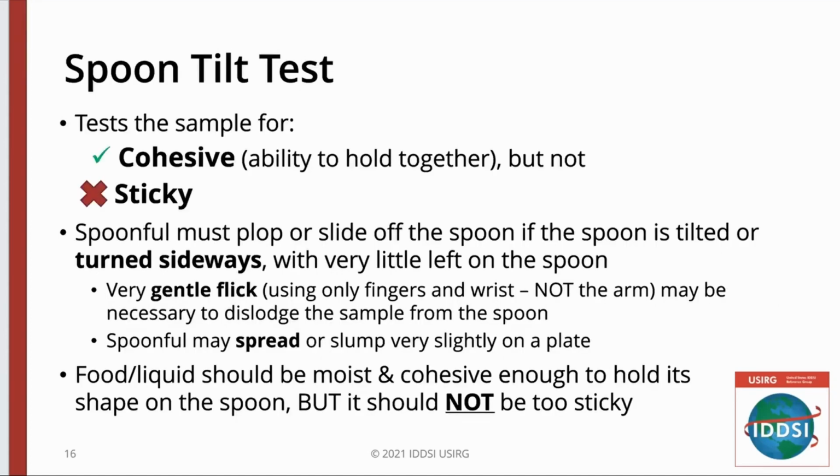The spoon tilt test tests a sample for cohesiveness, the ability to hold together, but not stickiness. The spoonful must plop or slide off the spoon if the spoon is tilted or turned sideways, with very little left on the spoon. Using a very gentle flick, using only fingers and wrist and not the arm, may be necessary to dislodge the sample from the spoon.